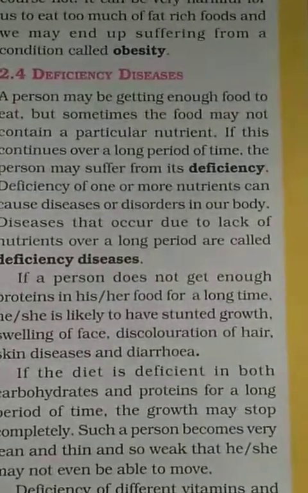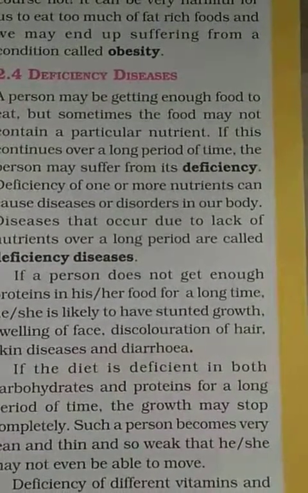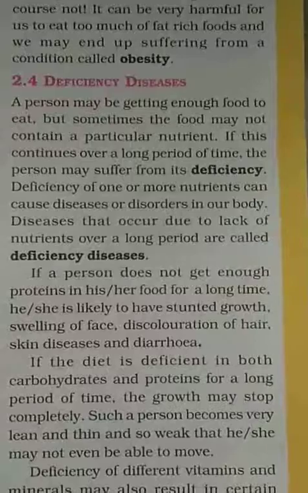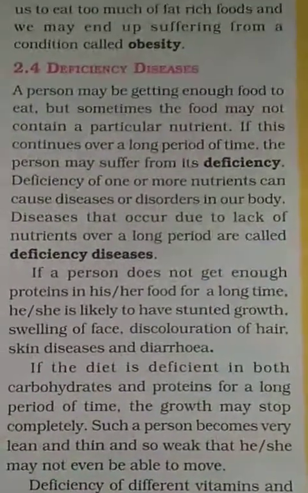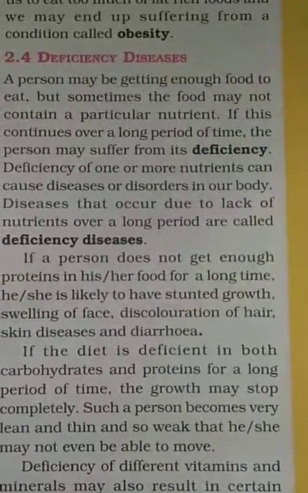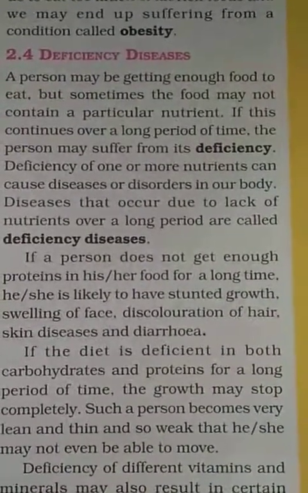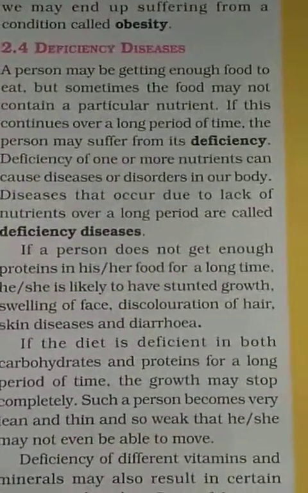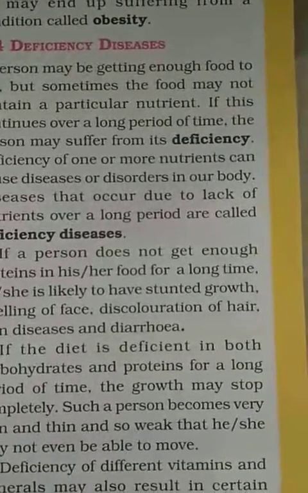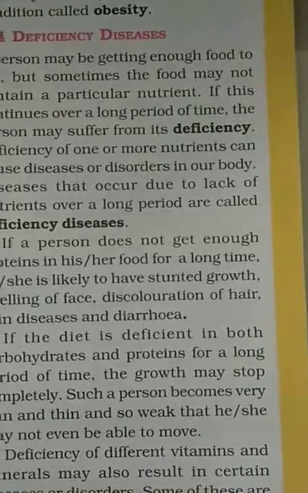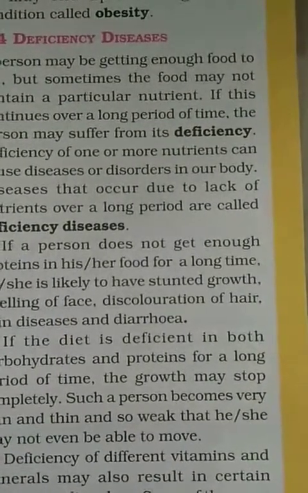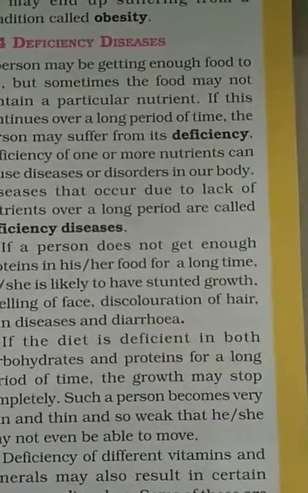A person may be getting enough food to eat, but sometimes the food may not contain a particular nutrient. If this continues over a long period of time, the person may suffer from its deficiency. If we are eating only carbohydrates and vitamins for a long period of time, then our body will lack protein and minerals.